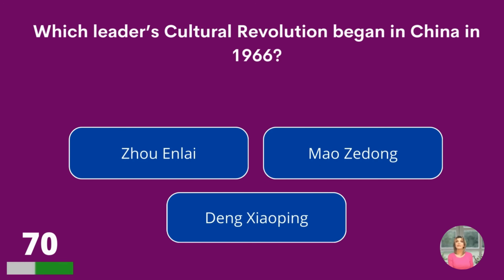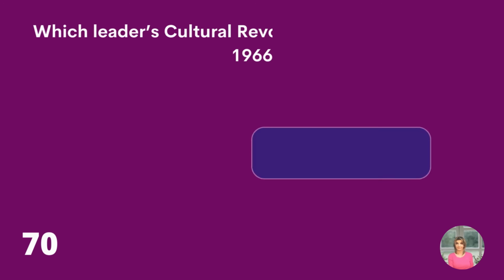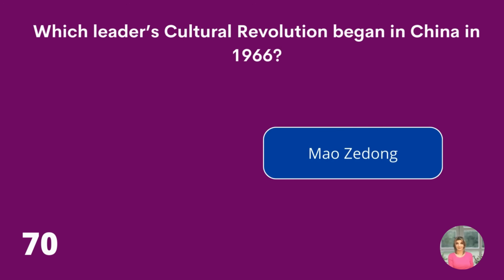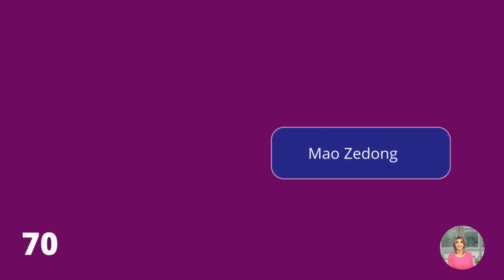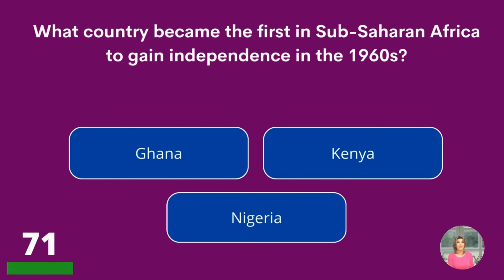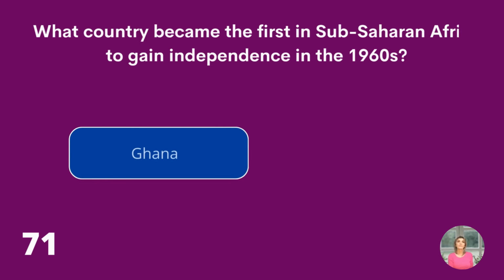Zhou Enlai, Mao Zedong, or Deng Xiaoping? Mao Zedong. What country became the first in sub-Saharan Africa to gain independence in the 60s? Ghana, Kenya, or Nigeria? Ghana.